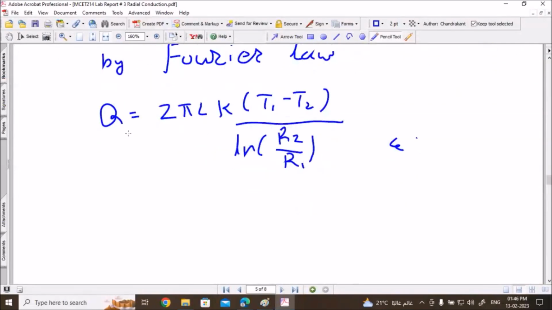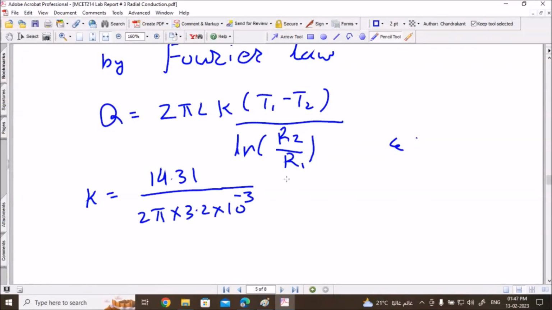K is equal to Q, millimeter or meter doesn't matter here, and T1 minus T2.